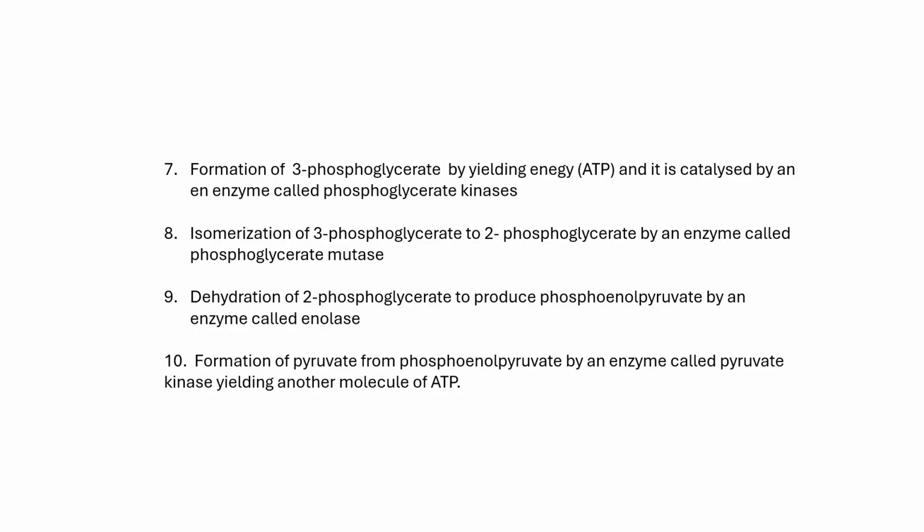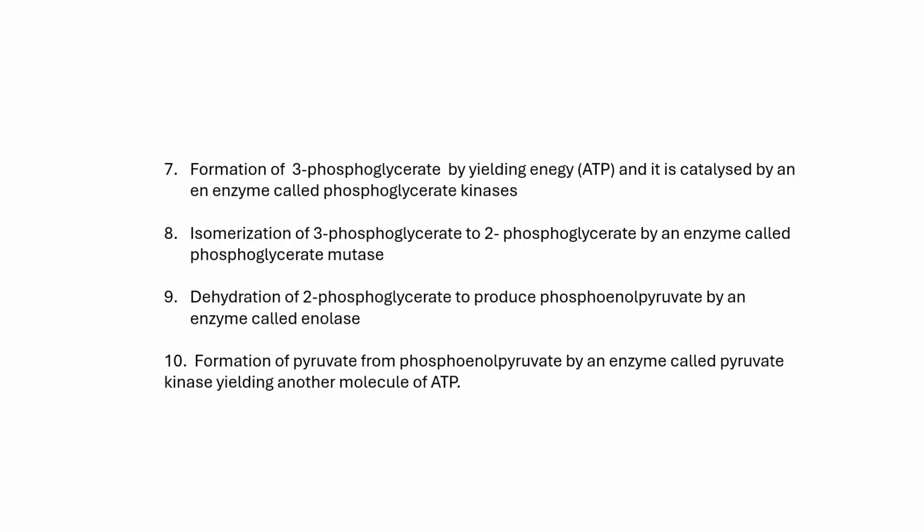Mind you, we produce two, so we are using one for this. So at the end, we get a maximum of 4 ATPs produced at the end of glycolysis. So 3-phosphoglycerate will be produced. We yield our energy, a process we call substrate level phosphorylation.